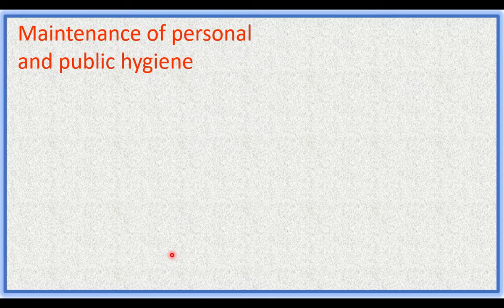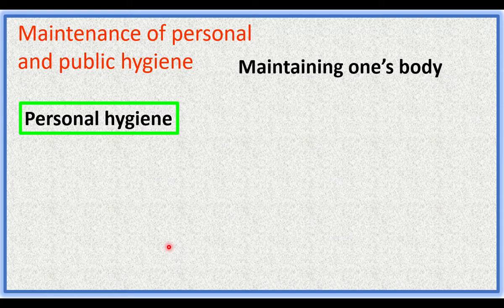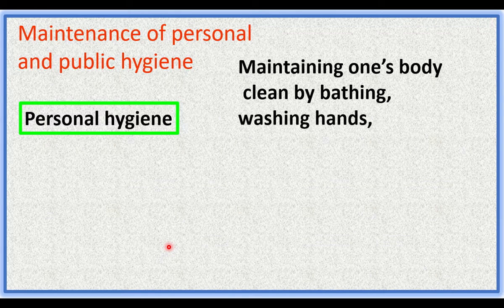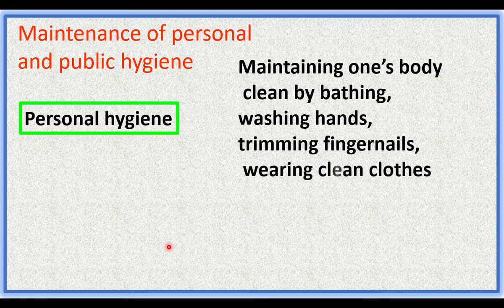So maintenance of personal and public hygiene is very important to prevent communicable diseases. You would have learned about personal hygiene in your lower classes. It includes maintaining one's body clean by bathing, washing hands, trimming fingernails, and wearing clean clothes.